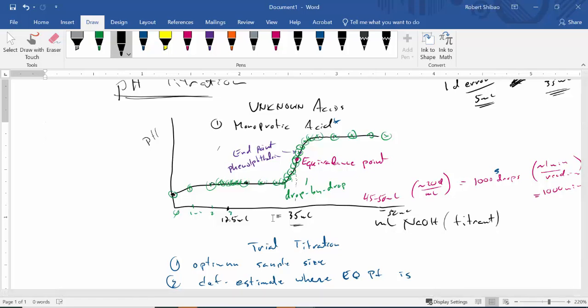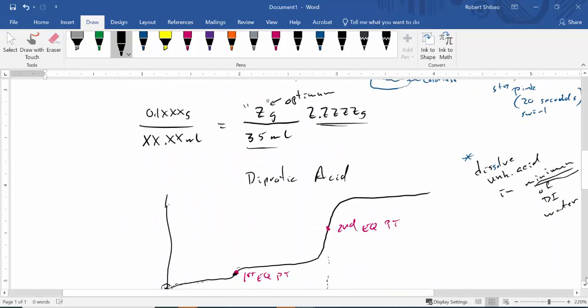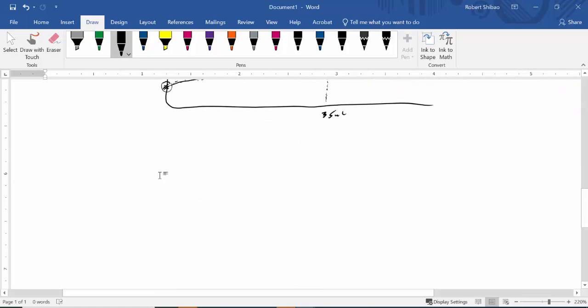we're going to run our trial titration. Unlike Chem 1A, we're not going to standardize the sodium hydroxide. The stockroom has already standardized the sodium hydroxide. And so you could write this down here. The sodium hydroxide that we're using has a concentration of 0.1107 molar.